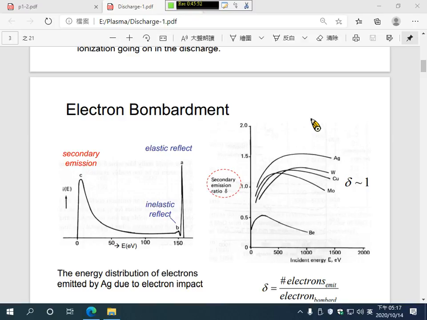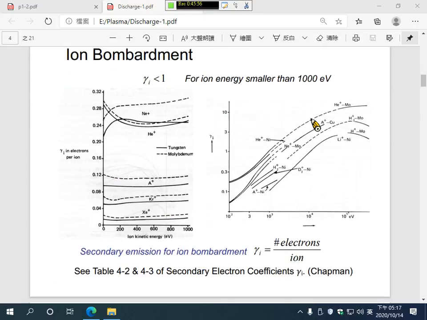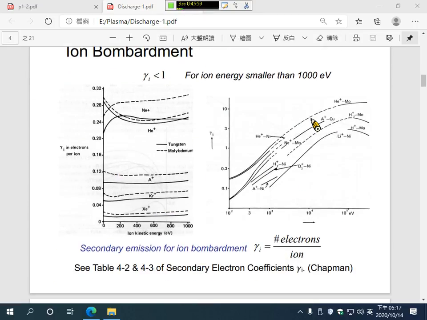So even though the electron energy might be very small, the secondary electron yield by electron bombardment usually is higher than the secondary electron emission by ion bombardment, right? By ion bombardment, even though the ion energy can be as high as a few hundred volts, the secondary electron emission is less than 1.